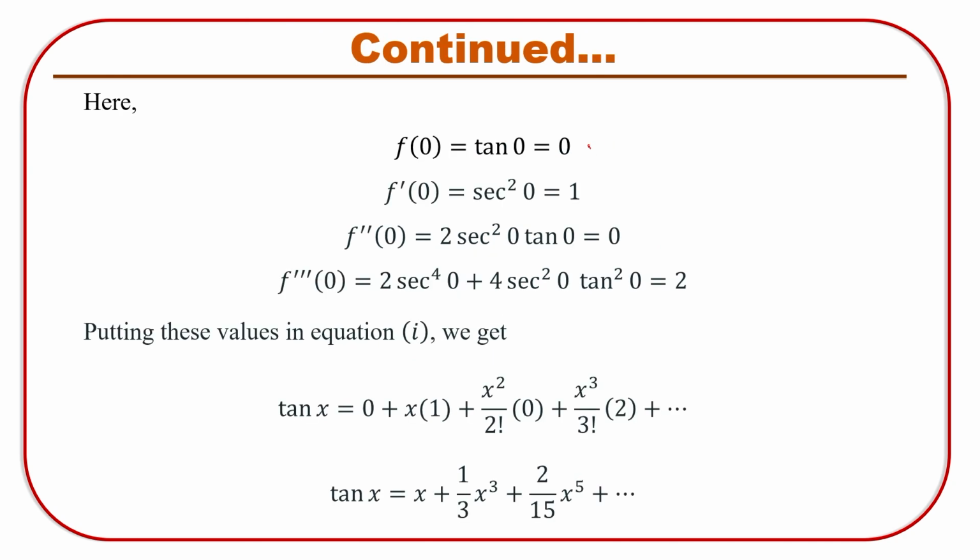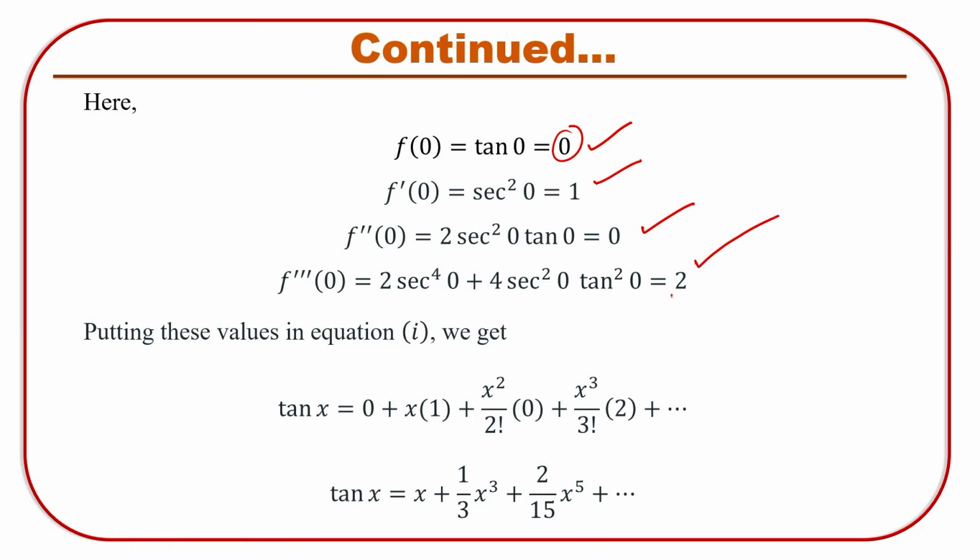So, f0 equals tan 0, that is equal to 0, f dash 0 equals sec squared 0 equals 1, f double dash 0 equals 2 sec squared 0 tan 0 which is equal to 0, and f triple dash 0 is calculated as 2.